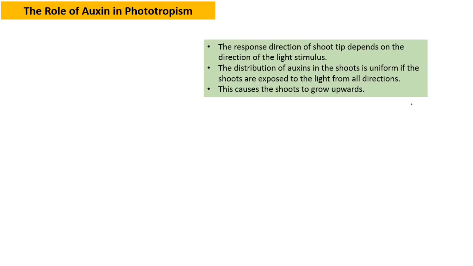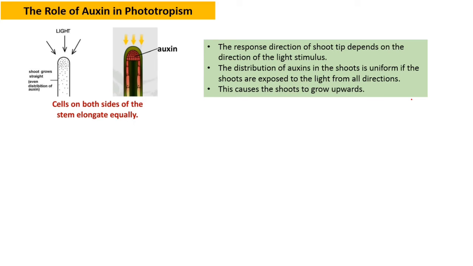Okay, let's discuss more about the role of auxin in phototropism. The response direction of the shoot tip depends on the direction of the light stimulus. The distribution of auxin in the shoot is uniform. If the shoot responds to light from all directions, it grows upwards.